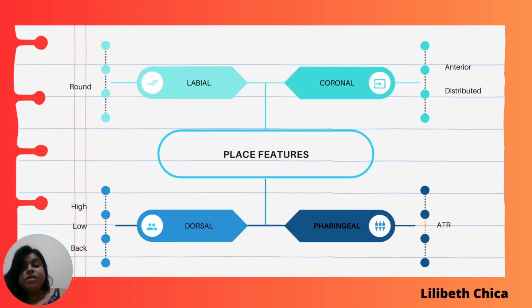A dependent feature such as round can only be given a specification if its parent feature has a positive specification. So a sound which has a minus labial specification cannot be plus round or minus round. Well, that seems overly restrictive, you might say, and you'd be right, but that's the way it goes.